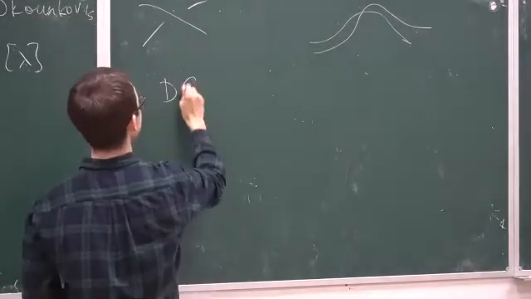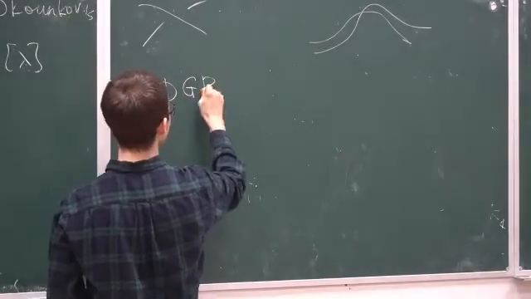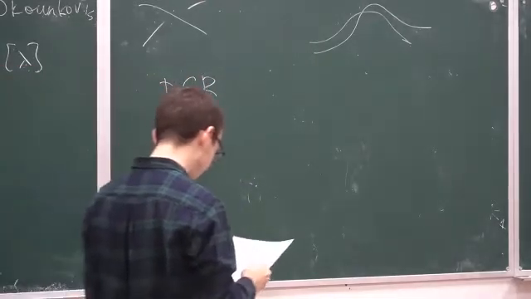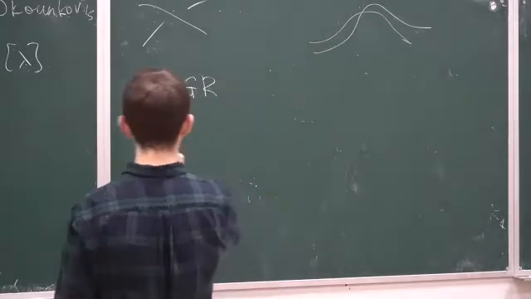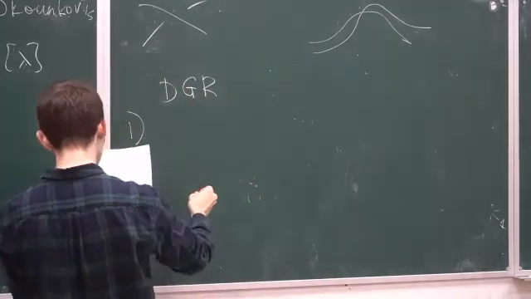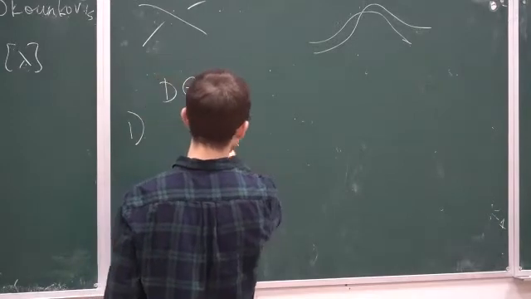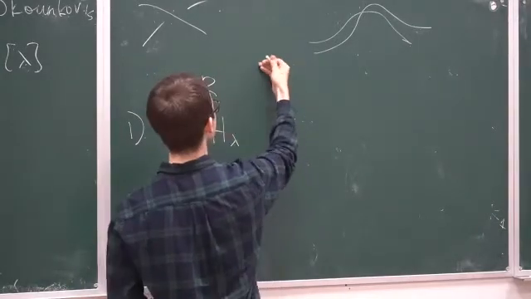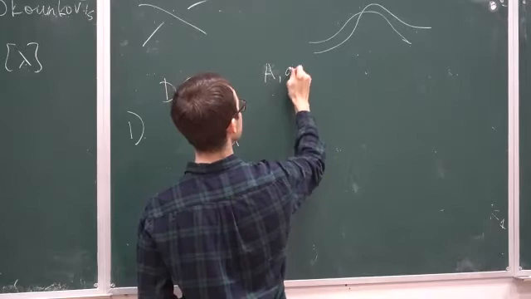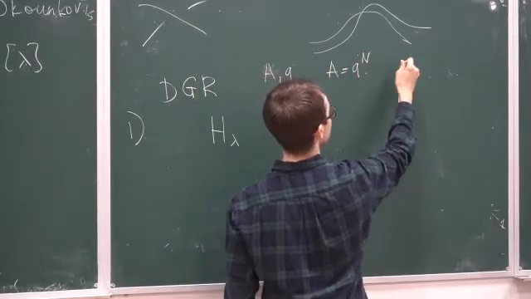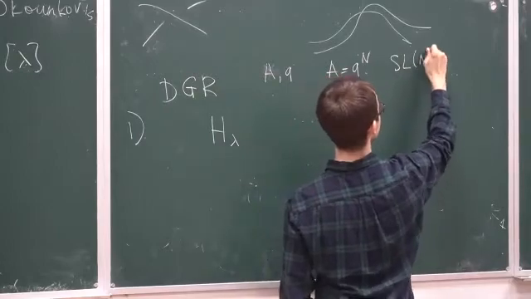And they are generalizations of ideas of Dunfield, Gukov, and Rasmussen. And the central object here is the following property. If we have H_lambda, the colored HOMFLY polynomials, they are polynomials in A and Q, where A is Q to the N for the group SU(N).